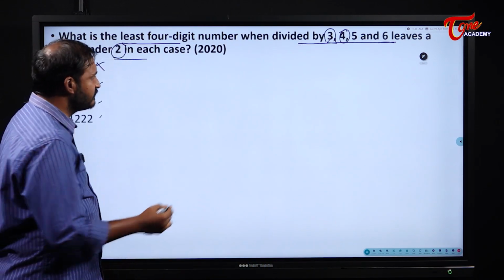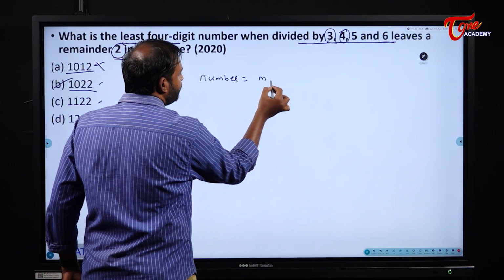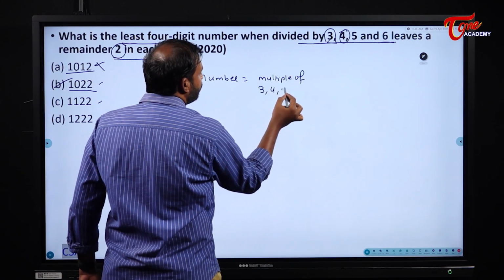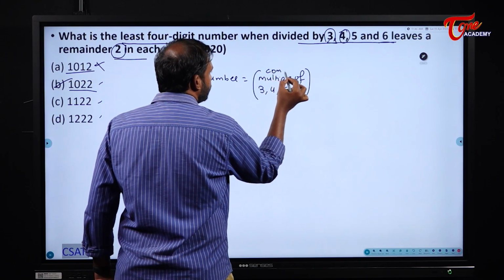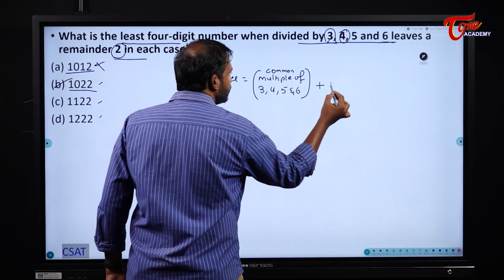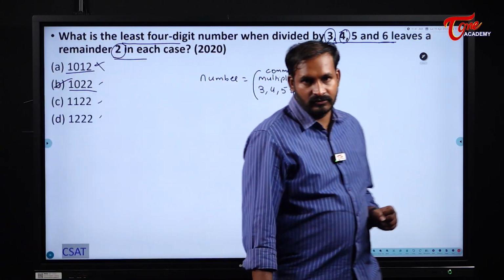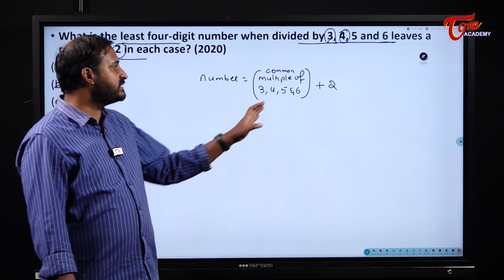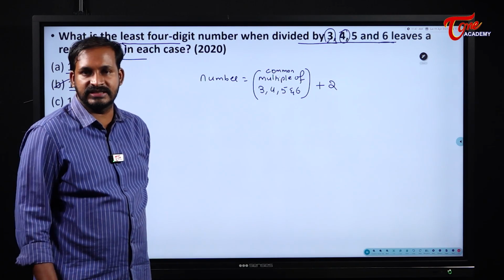So can I say that number is a common multiple of 3, 4, 5 and 6, plus 2? Why? Because if it is exactly divisible, the remainder is 0. But here we are getting a remainder of 2, that means plus 2. So first of all, find the LCM of 3, 4, 5 and 6.